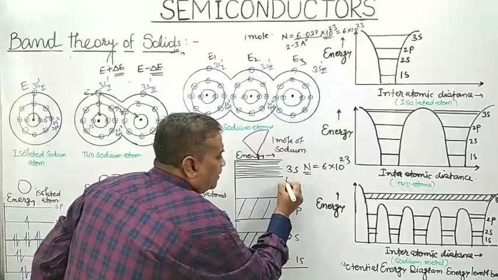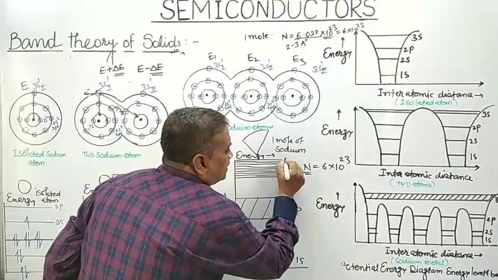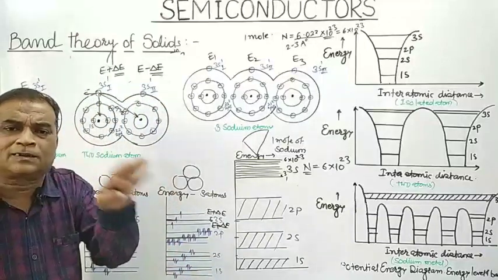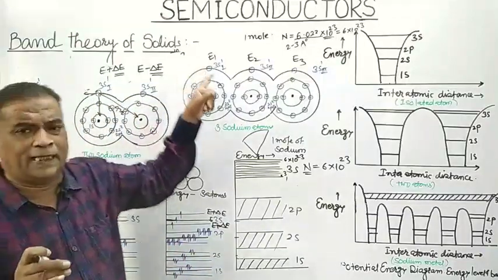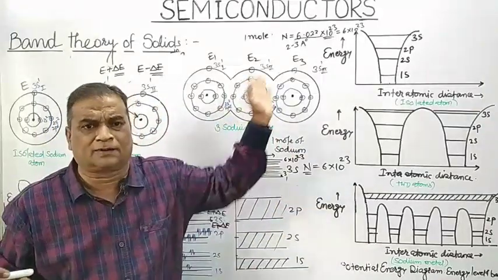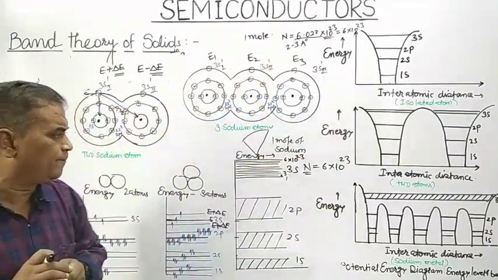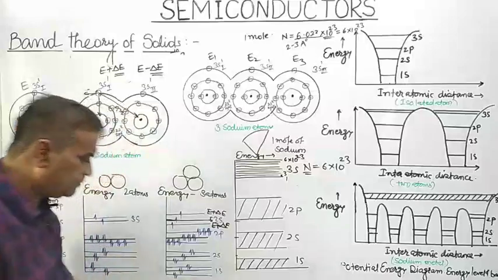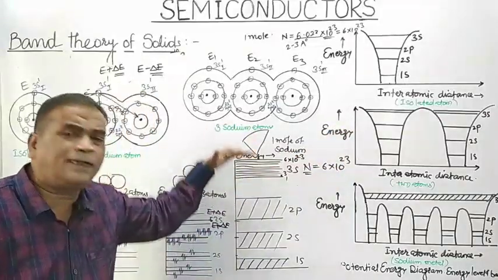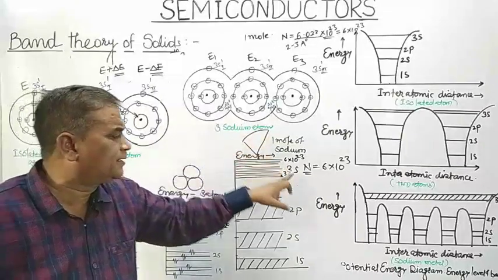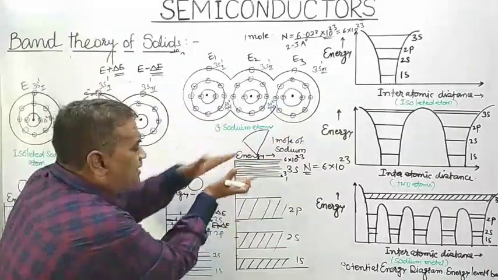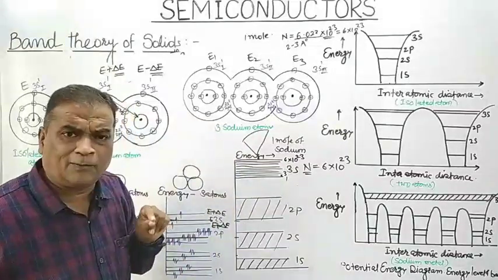Means this is level number 1, 2, 3. So, lastly 6 into 10 raised to 23 energy levels are there. Means every electron has a unique energy level which is different from the energy level of other electrons. So, here we are having 6 into 10 to the power 23 different energy levels present in that 3s orbit. And what is the spacing between the two energy levels?